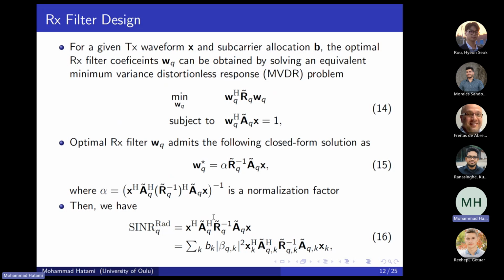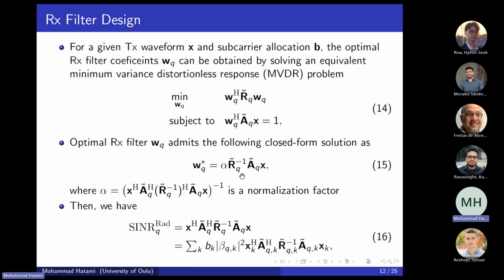First, we design this RX filter, and we fix the TX waveform and subcarrier allocation B. Then the problem of finding these RX filter coefficients is equivalent to solving an MVDR problem, which is given by 14. And it has been shown that the solution of this problem has a closed form as shown in 15, where alpha is a normalization factor.